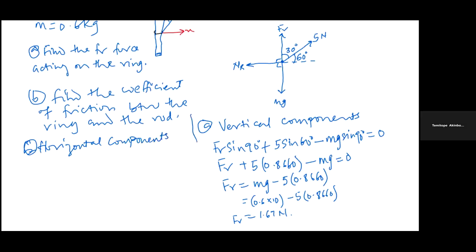So that we can deal with the normal reaction. Now, by standard, you can see that I did not deal with the NR when resolving vertically, because it has no vertical component already.